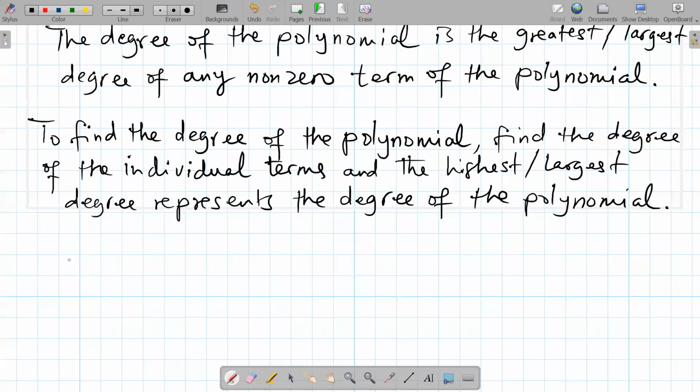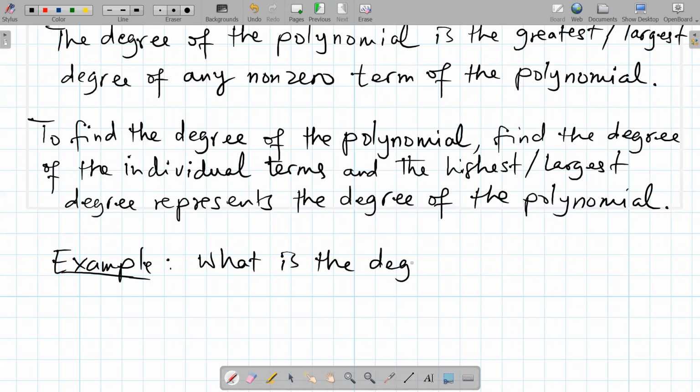So let's look at this example. What is the degree of the following polynomials?